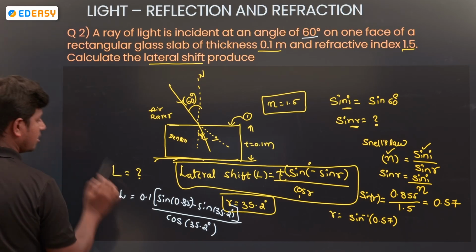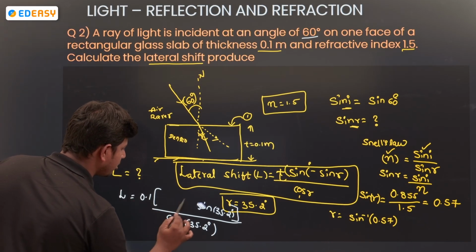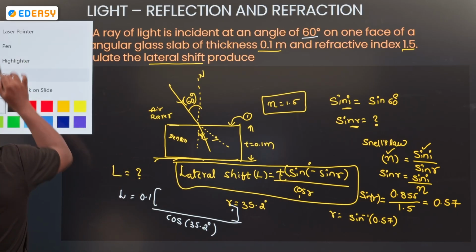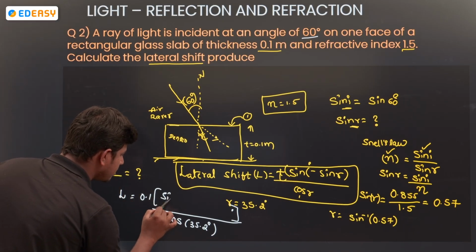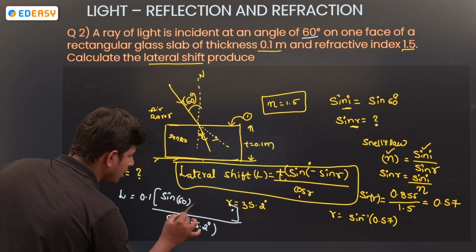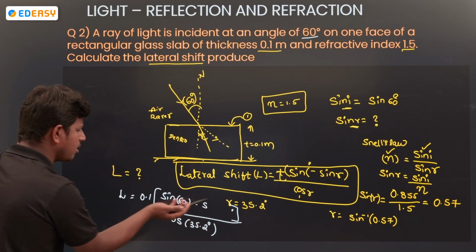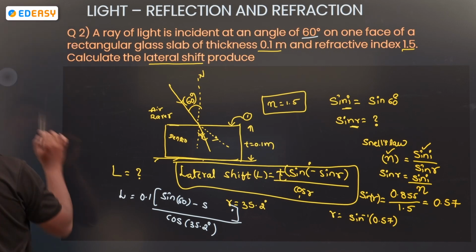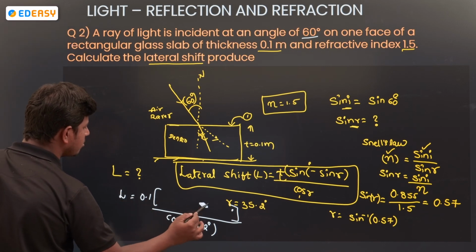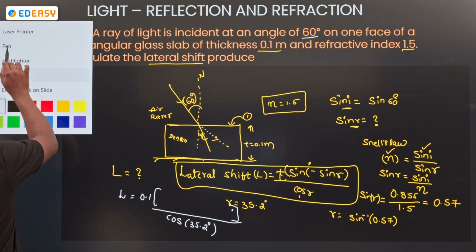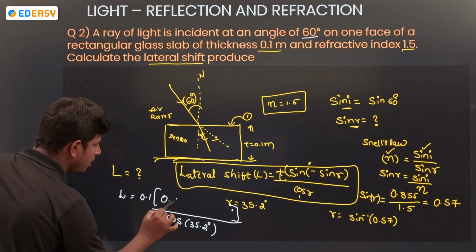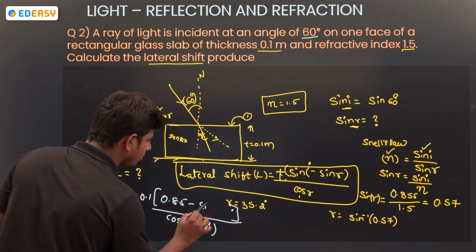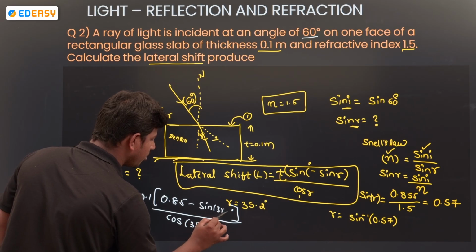Let us directly substitute the values: sin 60 is 0.85, minus sin r value, sin of 35.2.